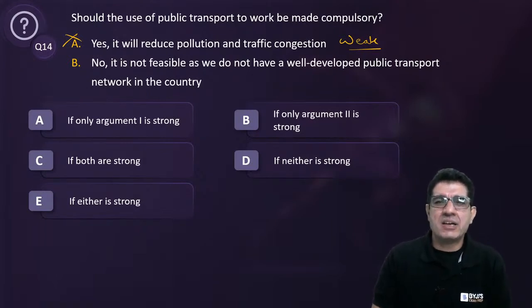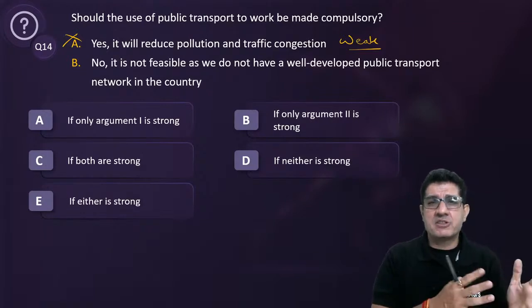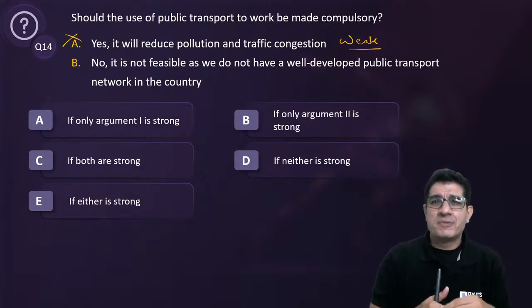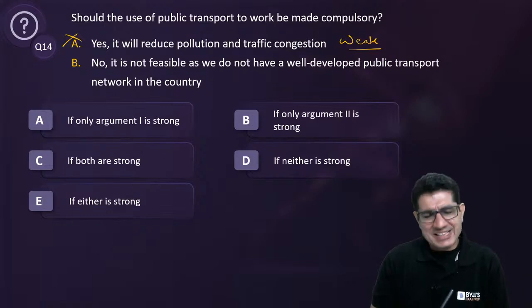EVs basically. So in that case, pollution will not be a problem. Besides, we are assuming that traffic congestion is an issue that will be resolved if we take the private transport off the street. We don't know. There are some forms of public transport that are inefficient. Think of a rickshaw. It's inefficient, right? A rickshaw can cause traffic congestion. So that's why A is weak.